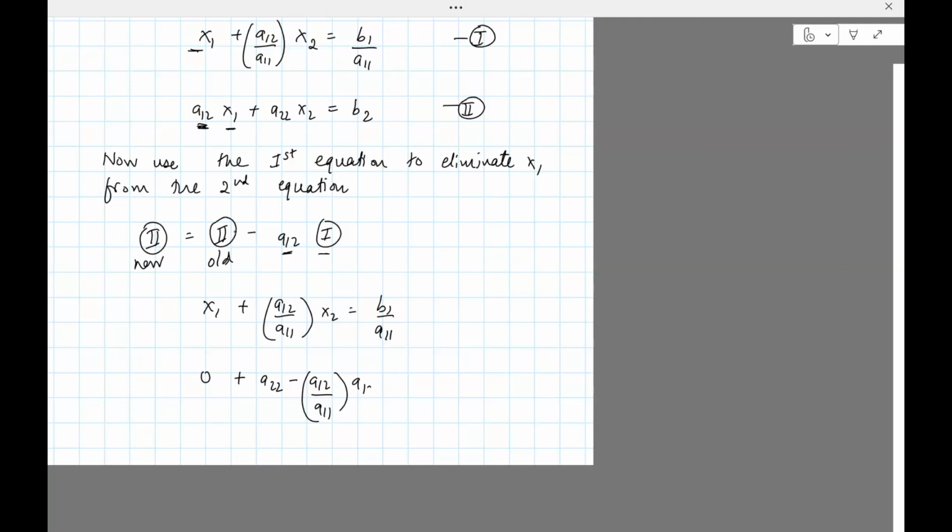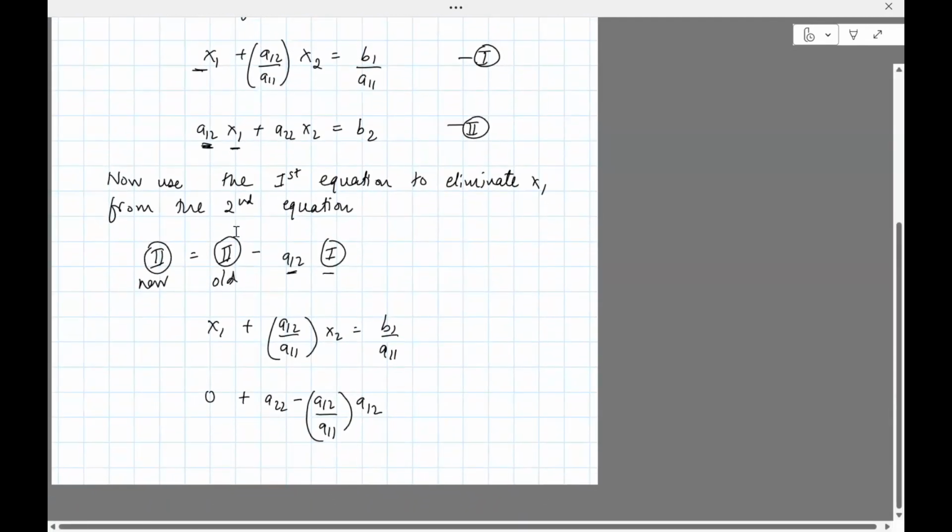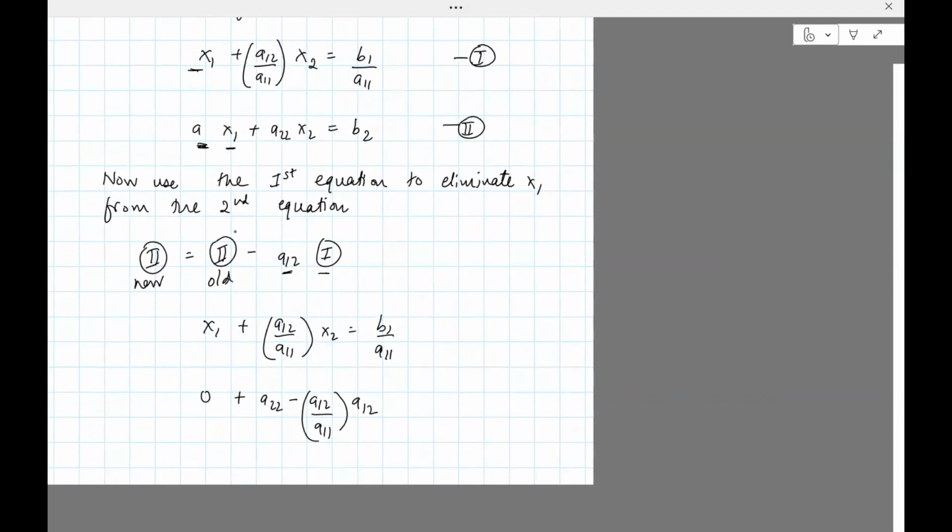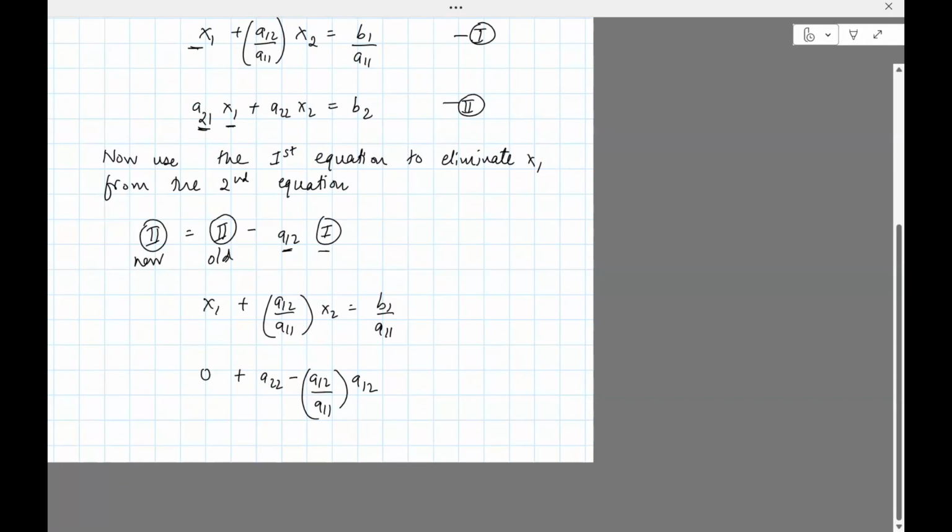Is that right? No. Yeah. So just correct this. This is not A12, you should have told me. This is second row, first row. So I was wondering why it was coming up this. This is A21, right? Yeah, so this is incorrect. This should be A21. Otherwise, you cannot cancel X1.